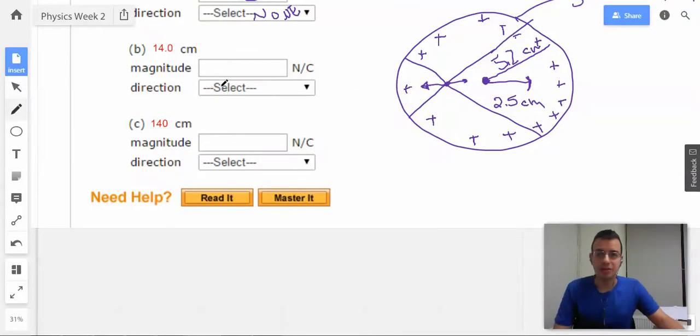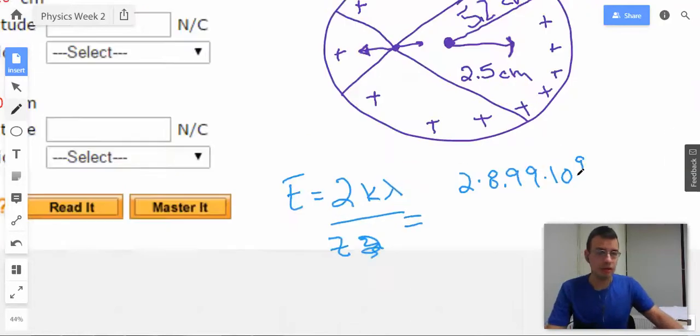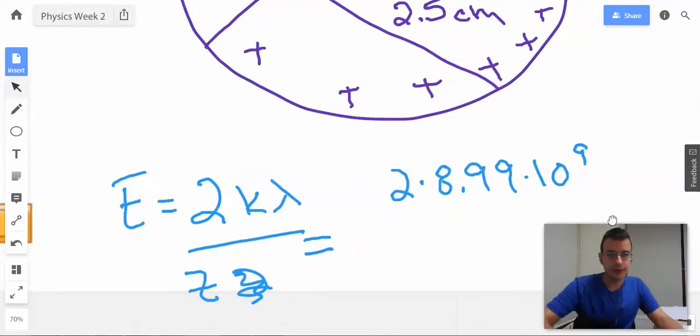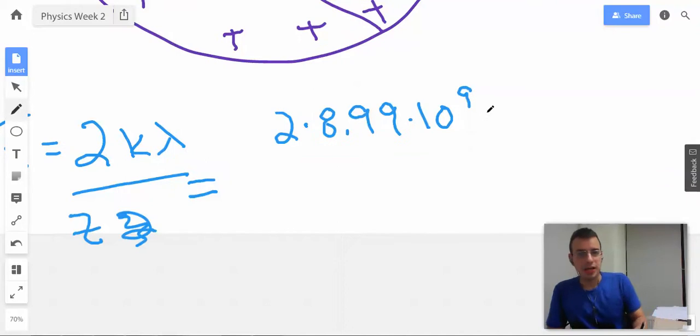We're going to find the magnitude at 14 centimeters. So E equals 2k lambda over z, which is 2 times 8.99 times 10 to the 9th times lambda.